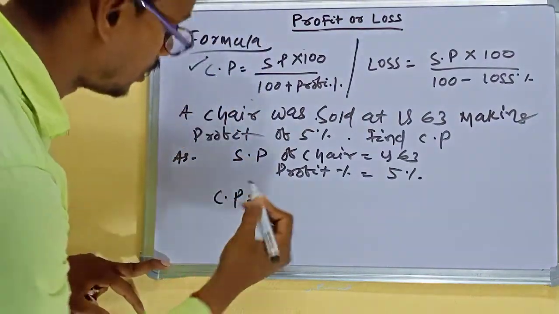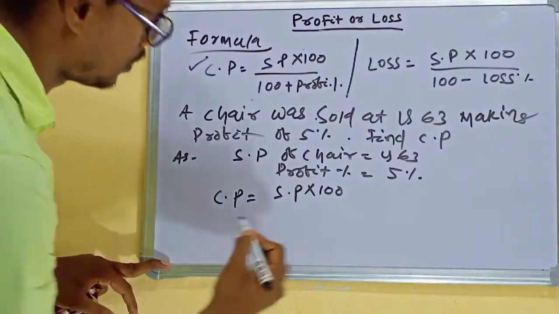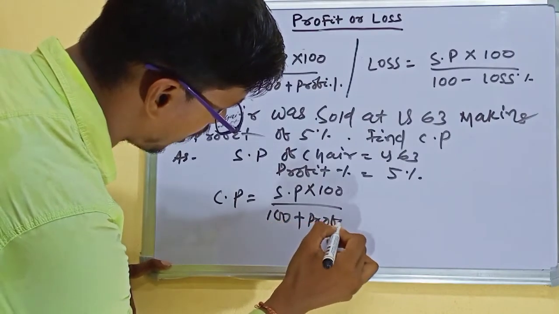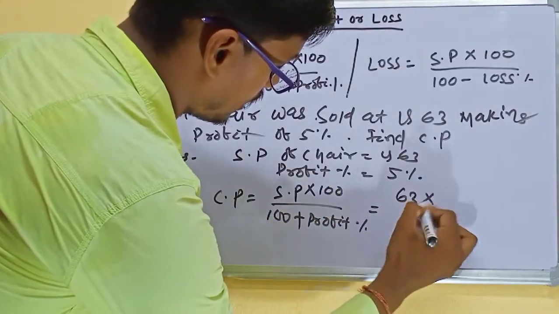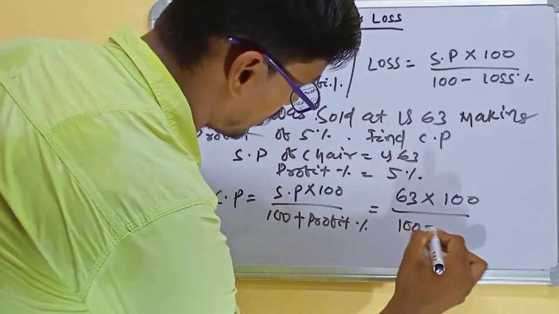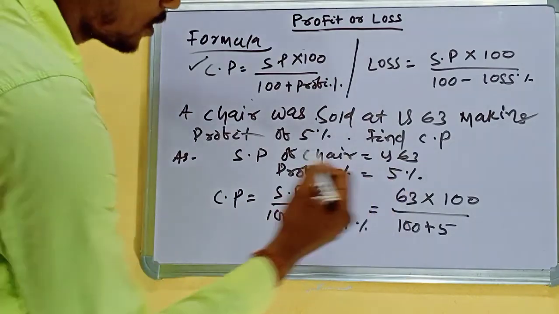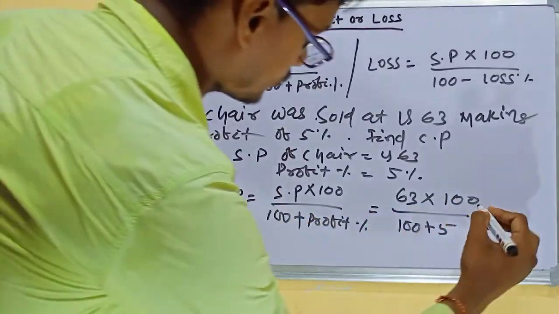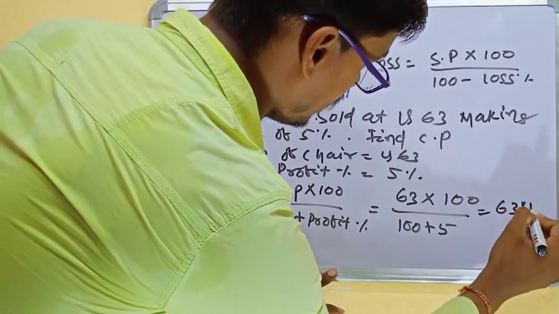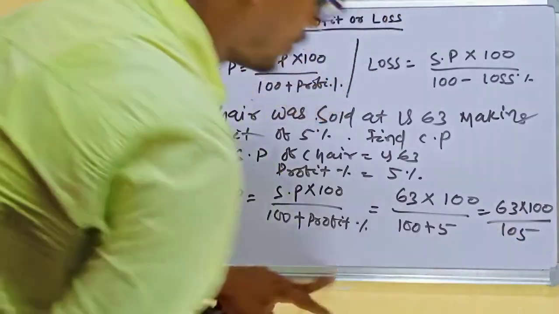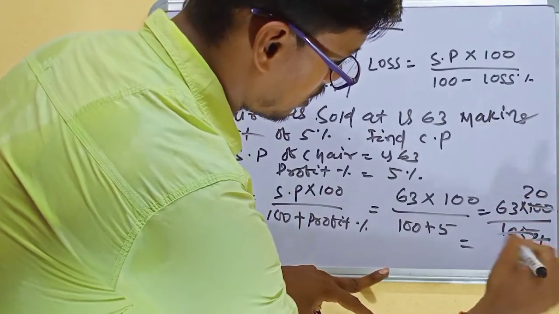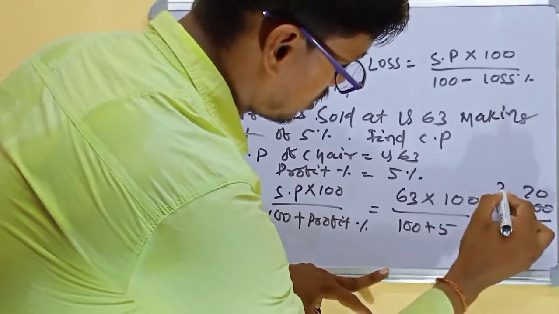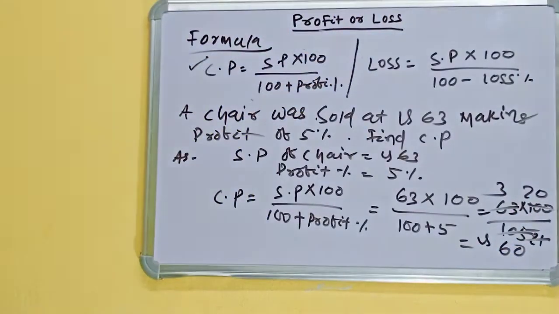CP is equal to SP into 100 divided by 100 plus profit percentage, which is 63 into 100 divided by 105, which is rupees 60. Then here CP is rupees 60.